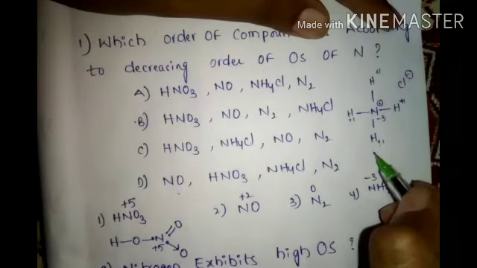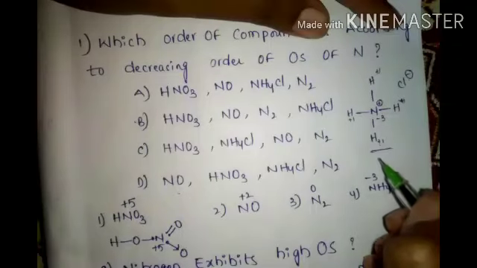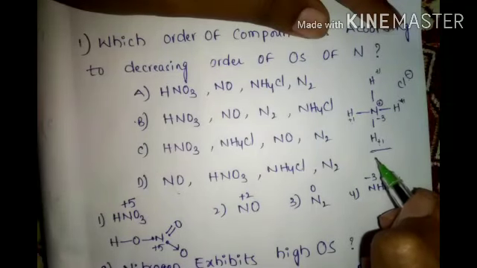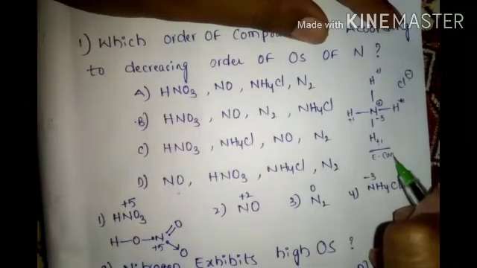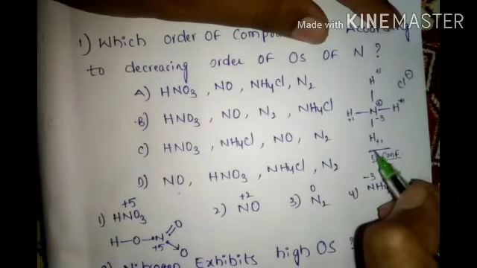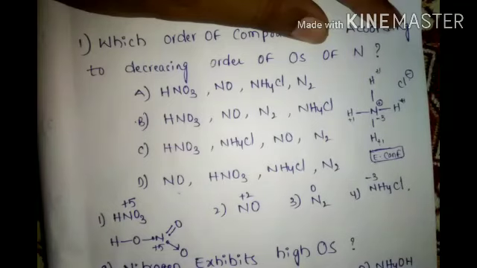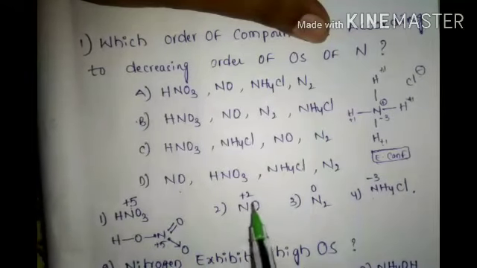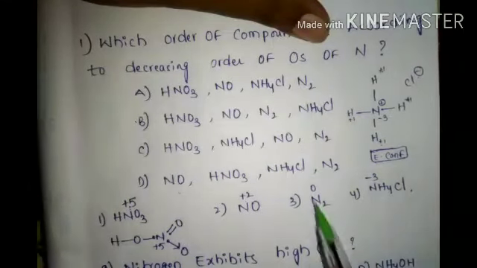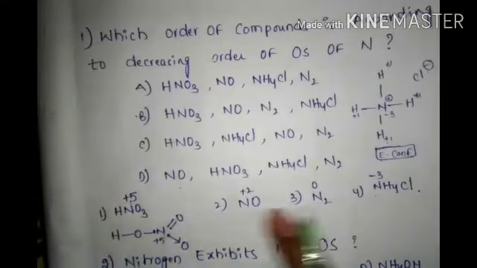If you do it like this, you will be confused. So based on electronic configuration, the perfect answer will come. So this is -3. Now look at +5, +2, 0, -3.